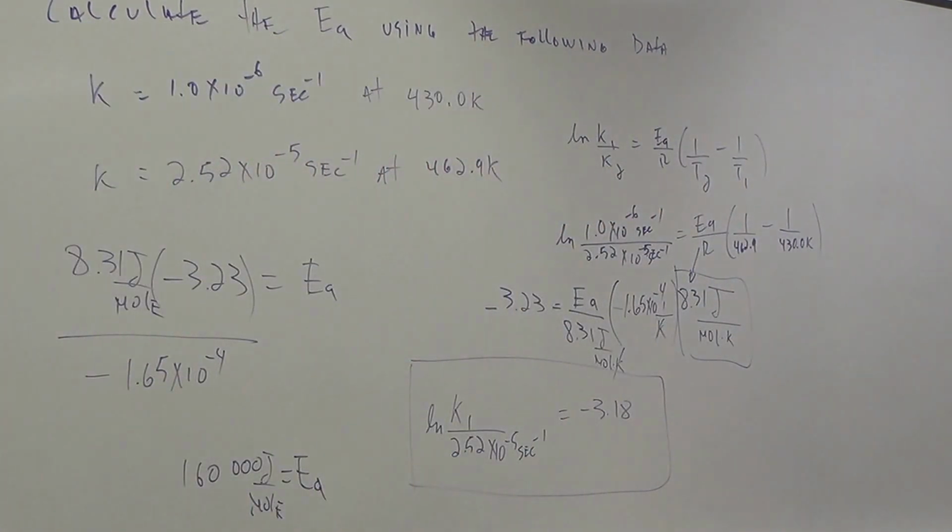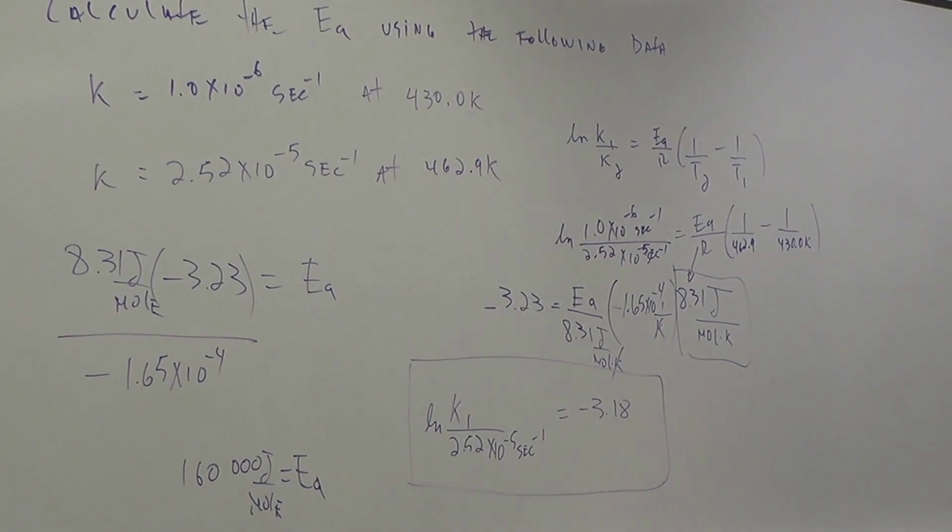How do you find K from in there? You would have to raise both sides to the E. Take E and raise it to both sides of the equation to get rid of the ln. This is, remember, not a math course, yes?